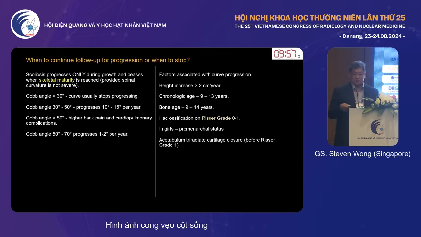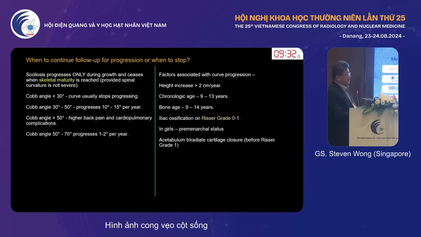So how do you determine when is skeletal maturity, right? There's a lot of criteria. You look at the Cobb angle and see whether there's progression of Cobb angle year on year, all right? Cobb angle is affected by a lot of stuff. Height increase for the patient as normal. You know, kids grow up, and if not corrected, their scoliosis may get worse.